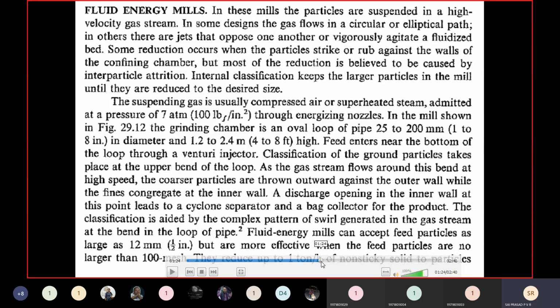What is the feed, sir? Here we will be getting air or steam along with the small size particles. We wanted to separate the small size particles, so you can keep a cyclone separator. A cyclone separator is the device used to separate solids from a gas on a continuous basis. And afterwards, to ensure that there are no losses of solids, we can keep a bag filter.